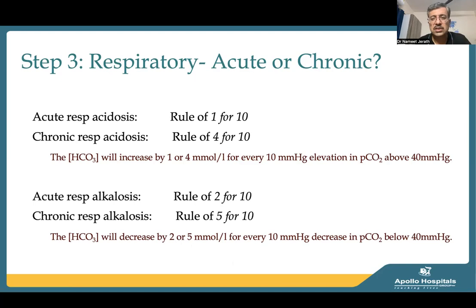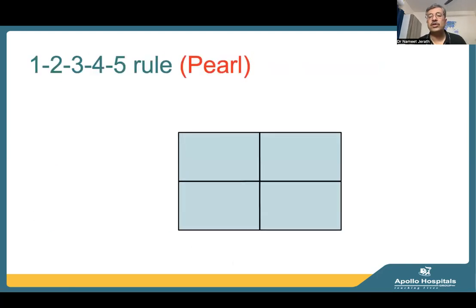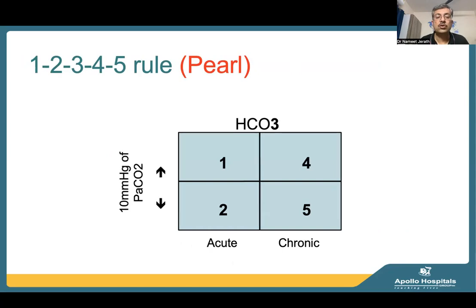Again, these numbers seem too complicated to remember, and there's actually an easier way to remember it. This is what we call the 1, 2, 3, 4, 5 rule. So you make this 2 by 2 box and you write 1, 2, 3 for the bicarb here, 4 and 5. Now the first column is for acute, the second is for chronic. The first row is for increase of CO2 above 10, and the lower row is for decrease of CO2 below by 10.